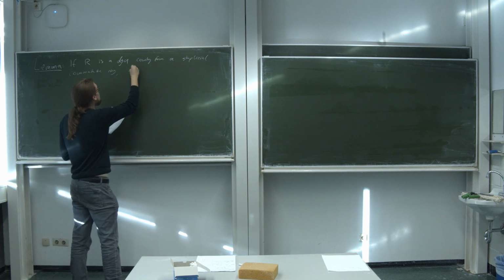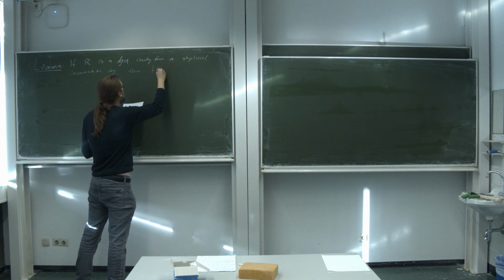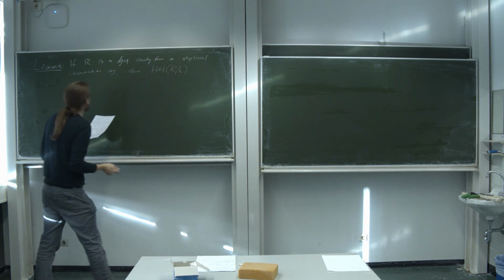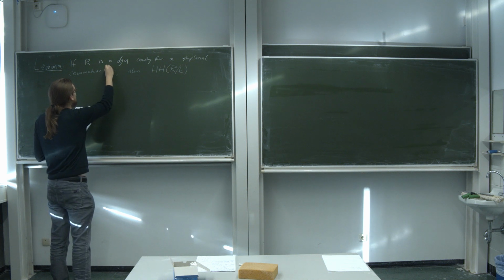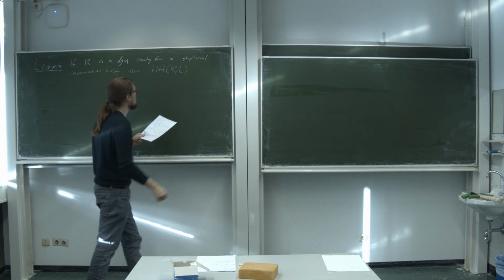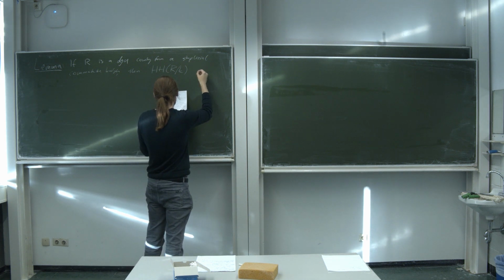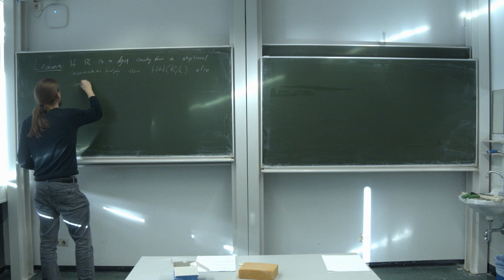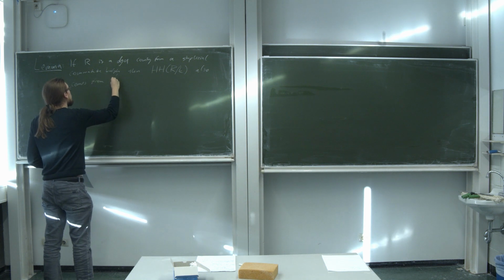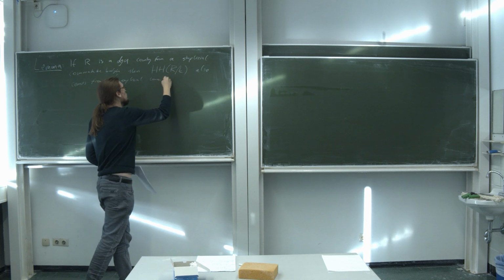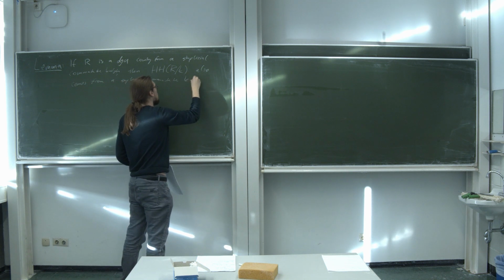then the Hochschild homology, and maybe I should say simplicial commutative K algebra, and the Hochschild homology relative K also comes from a simplicial commutative K algebra.